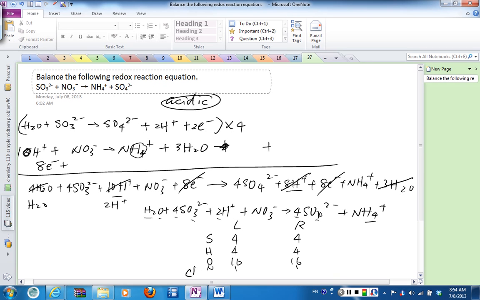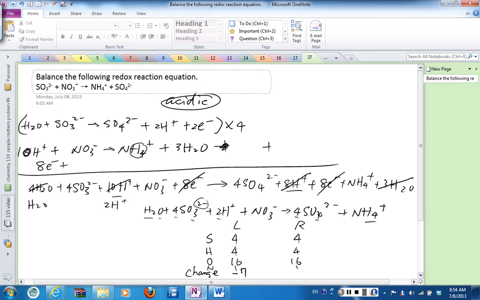And lastly, don't forget, we also need to inventory our charges. Left side, I got 4 sulfite, which is -2 each, so -8, plus 2 positive of hydrogen ion, so -6, and 1 nitrate, -7.